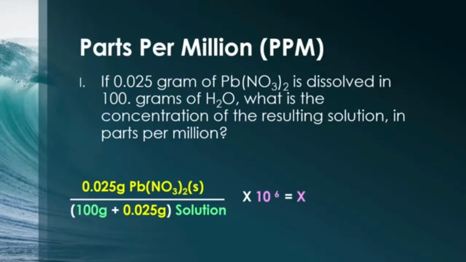We'll multiply our fraction by 1 million for parts per million. So putting this in your calculator, you'll get 250 parts per million.